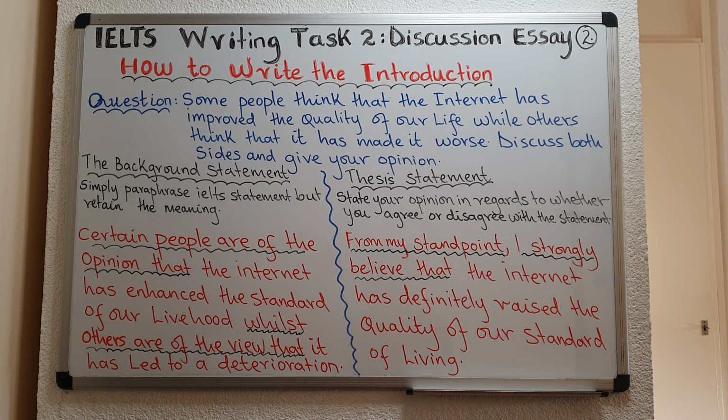Now, before we begin the lesson, I would just like to point out a few things about IELTS Writing Task 2. Usually, you should spend 40 minutes on writing task 2. You should write over 250 words.